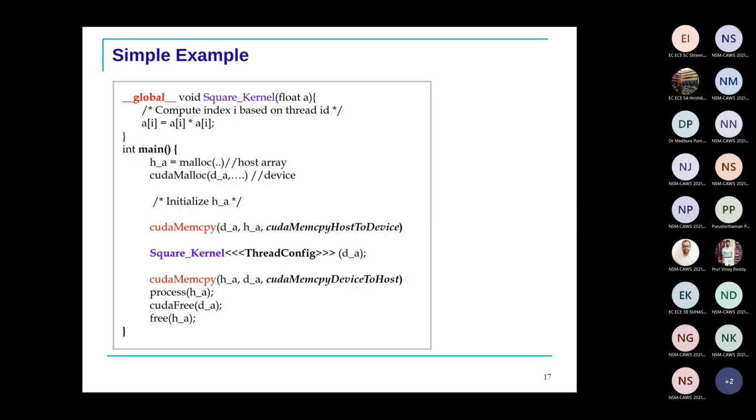So this is how you write a simple program on the GPU. Depending on your complex problem, you can parallelize the application on the GPU similarly. Is there any question on the basic simple program before I move on to how to specify threads?